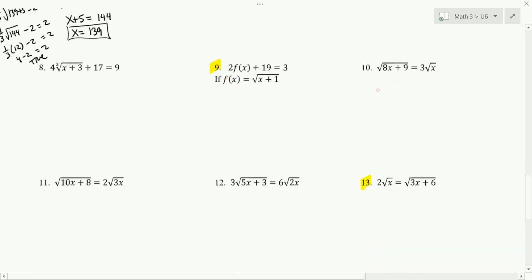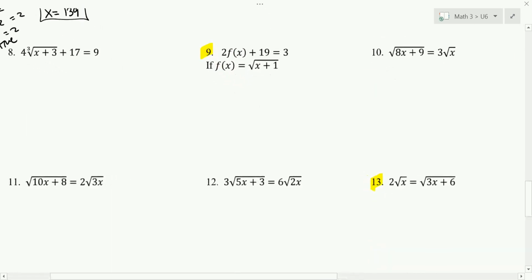Next, let's take a look at 9. 2 times f of x, so 2 times the square root of x plus 1 plus 19 is equal to 3. Subtract 19 from both sides. You get negative 16. Divide by 2, you get the square root of x plus 1 equals negative 8. Can't happen.